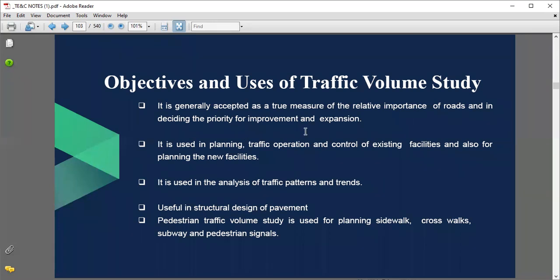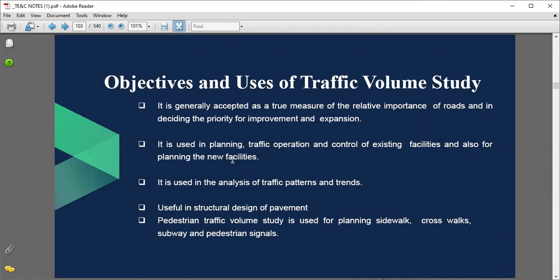Next one is that it is used in planning traffic operation and control of existing facilities, and also for planning new facilities. Means on the roads there are signs and signals provided. Those signs and signals indicate different signals on time.